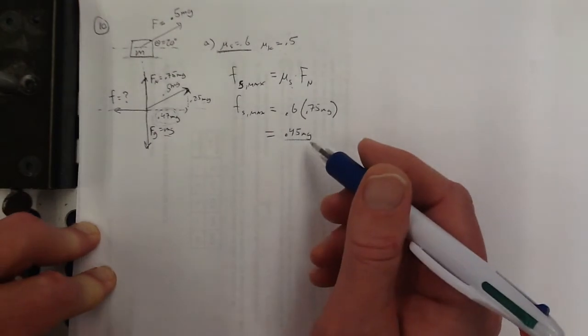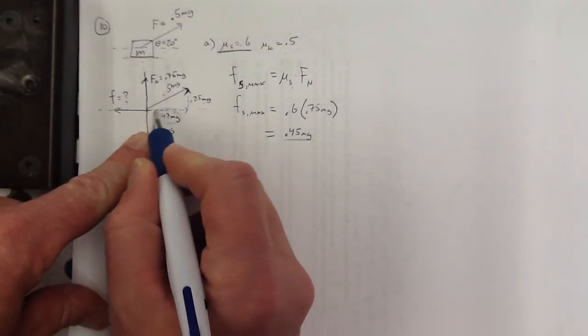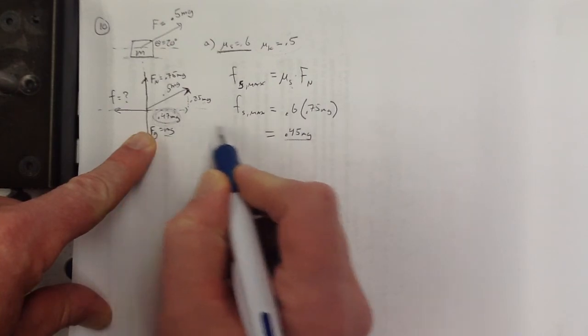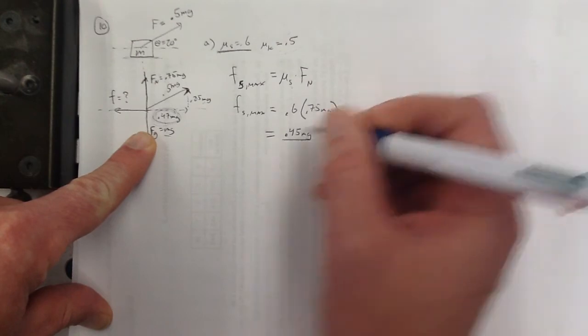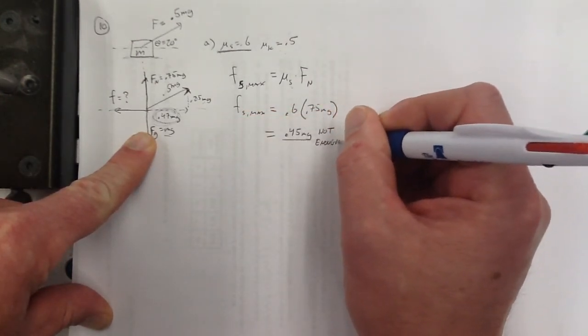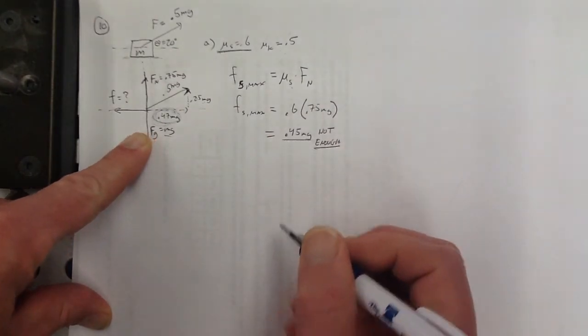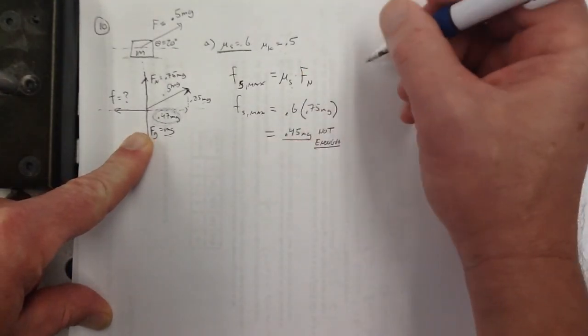So what does that mean? It means since there is this much force in the forward direction, this cannot get it done. It cannot balance this. Not enough. So that means we don't have a static situation. We have a kinetic situation.